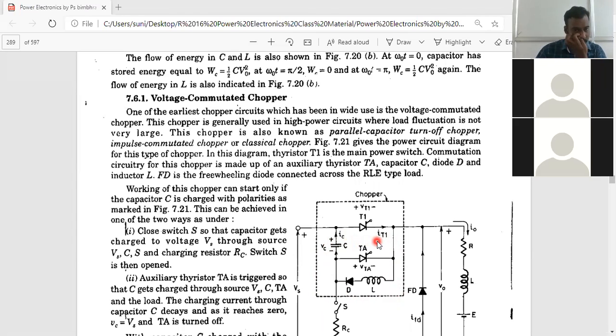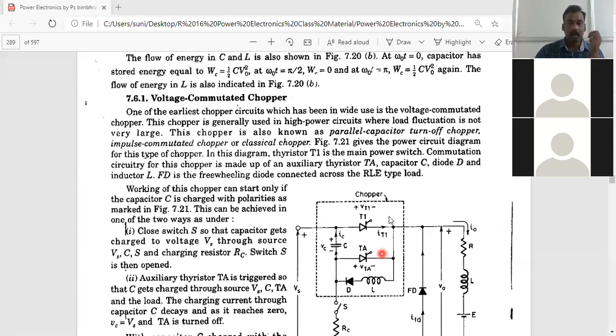In the case of forced commutation, you are going to consider some auxiliary devices. All of these come under auxiliary devices or commutating devices. By these commutating devices, the main device is turned off. This happens in two cases.